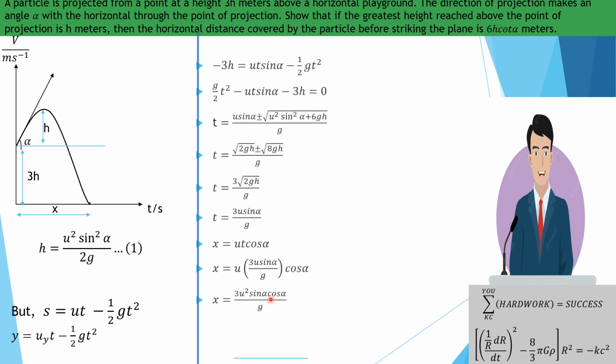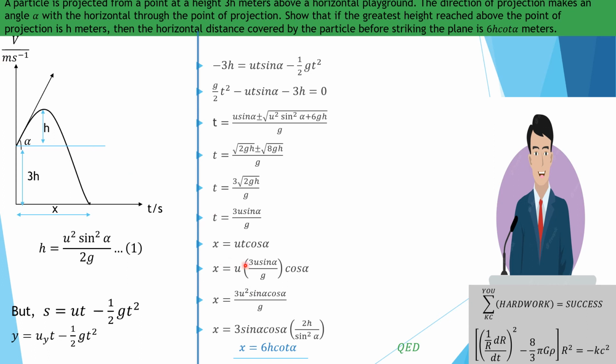That's your x. So you want to multiply those things out. You have 3u squared sine alpha cos alpha on g.